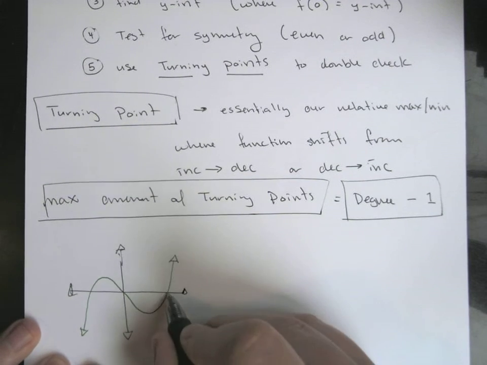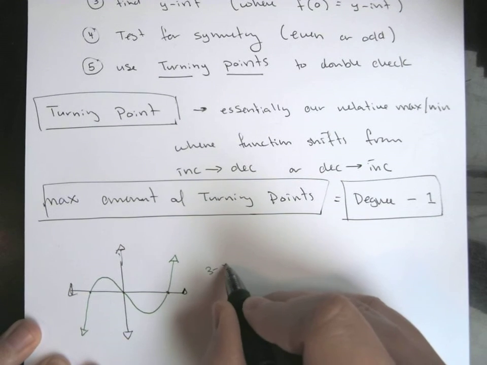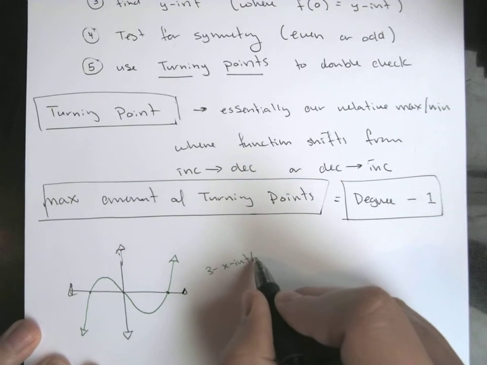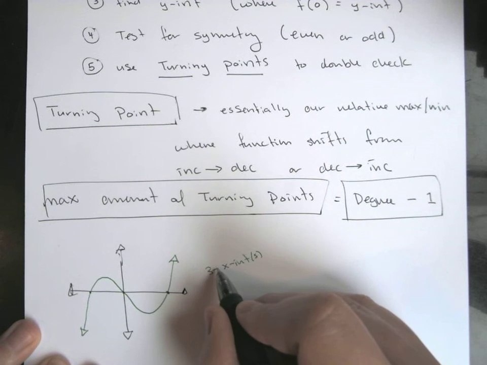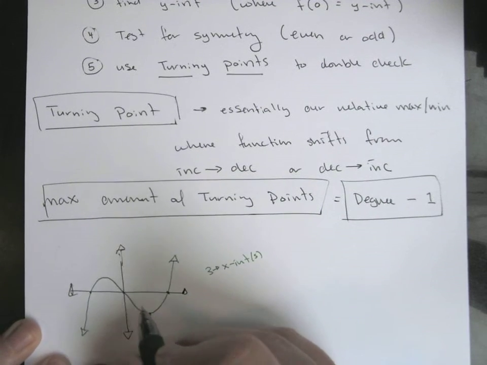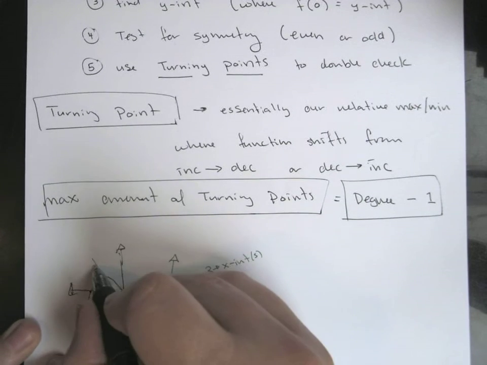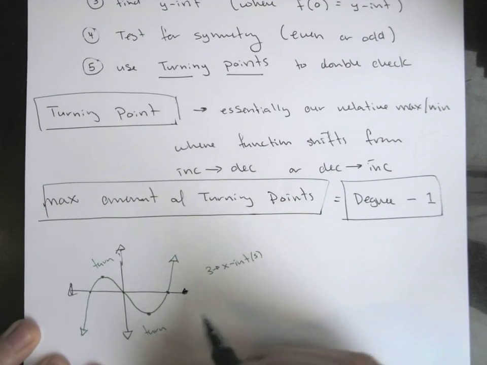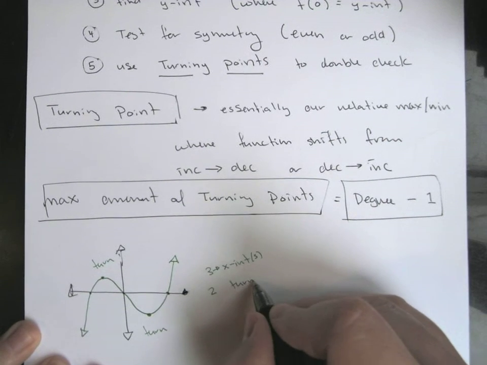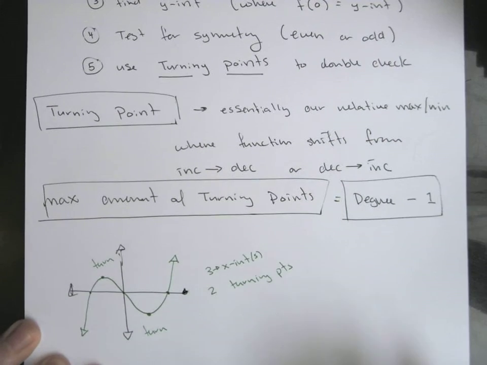We have 3 x-intercepts, and then our turning points, when we're shifting from one to the other, would be here and here. So that's 2 turning points. That seems totally fine.